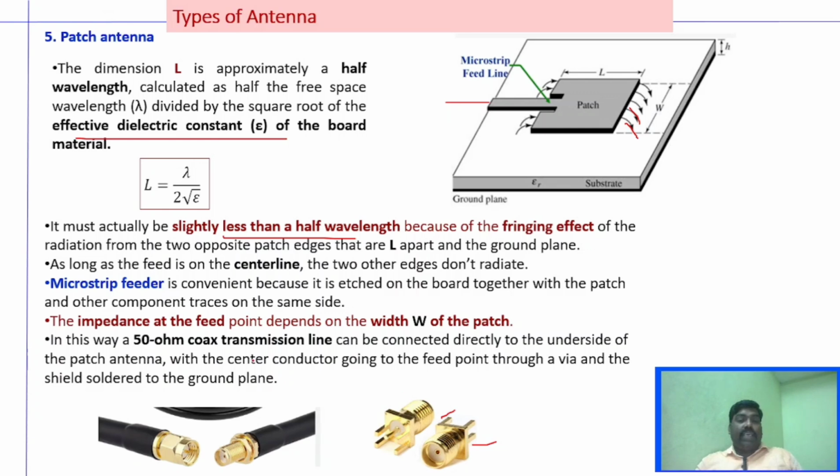And you can see here, a 50 ohm coaxial transmission line can be connected directly to the underside of the patch antenna, with the center conductor going to the feed point. Below the feed point we can have the connector to connect the coaxial cable line, so that the center conductor goes to the feed point, right?